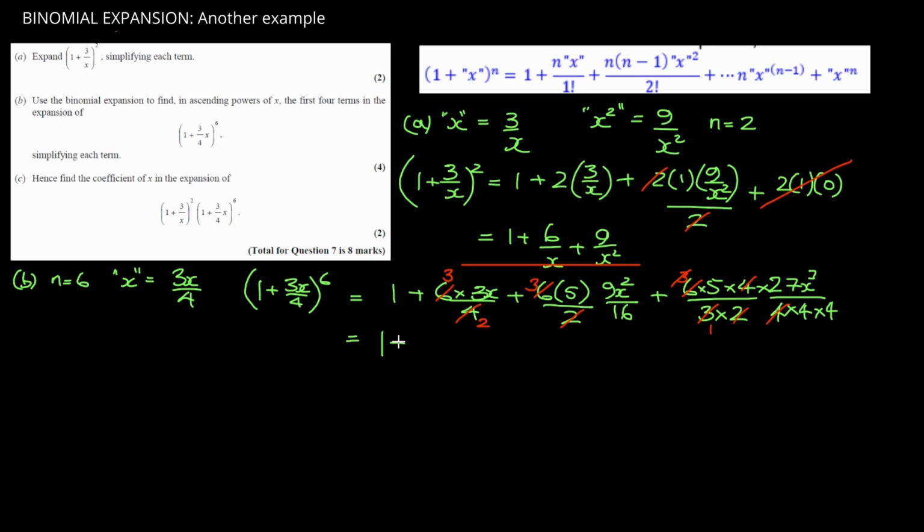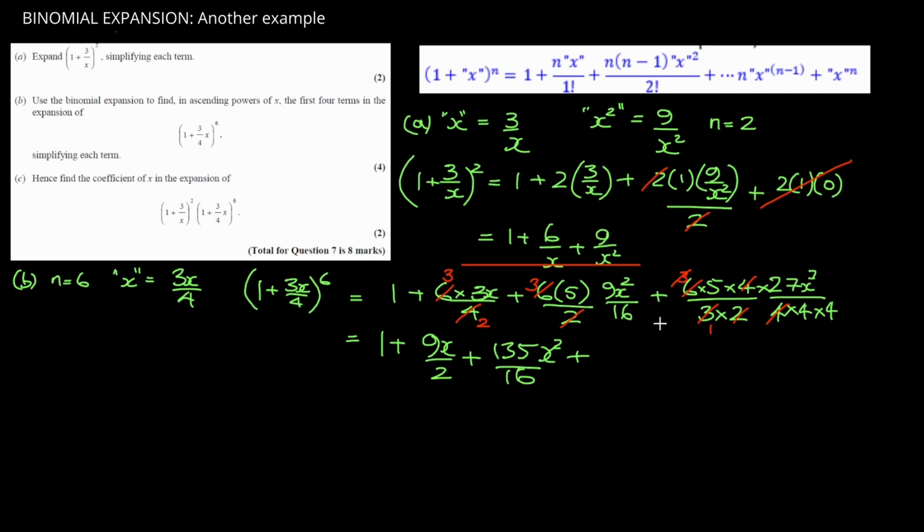I've got 1 plus. I've got a 3 still on the top, so this is going to be 9x over 2, plus it's going to be x squared. And I've got 3 times 5, which is 15. 15 times 9 is 135. So we've got 135 on the top, and we've got 16 on the bottom.